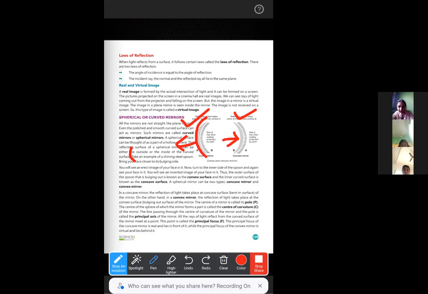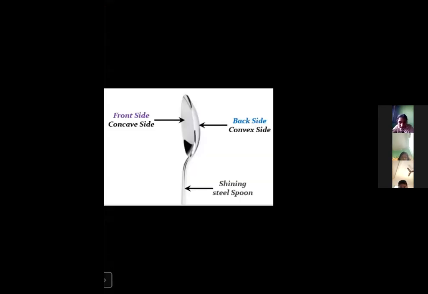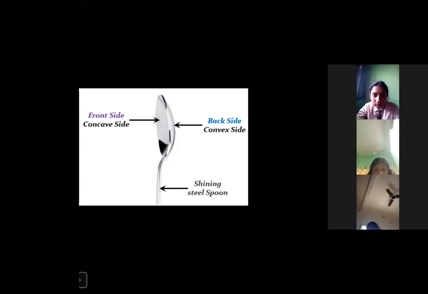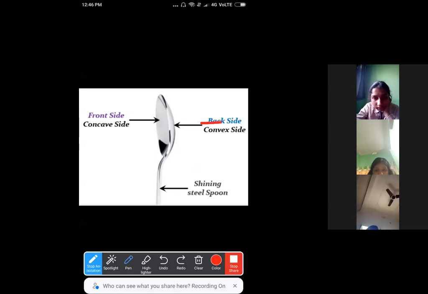So I can show you one picture so that you can understand it better. Can you see this image? Can you all see this image? Okay. So here you can see that it's a spoon, right? What I have just told you is written in your book. The back side, or the side bulging out, see this one.